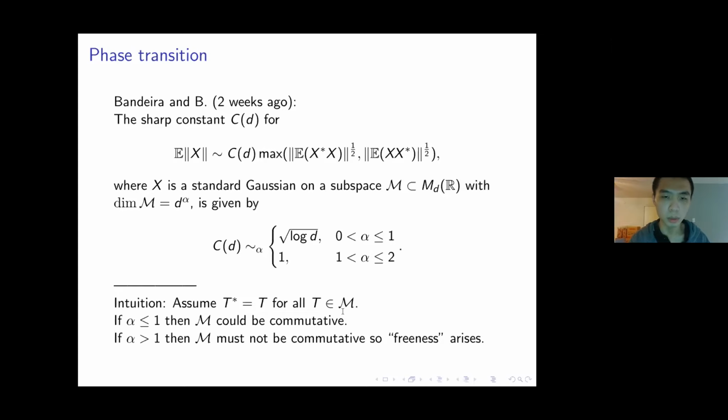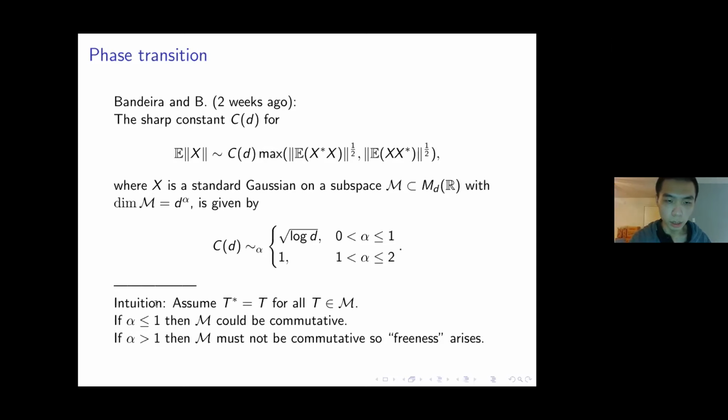In other words, up to a change of orthonormal basis, all the matrices in M are diagonal matrices. But then diagonal matrices have dimension at most D. So if the dimension of M is more than D, it's impossible that it's going to be commutative.